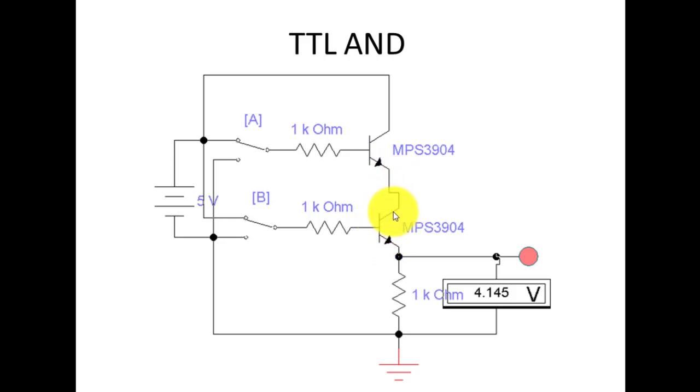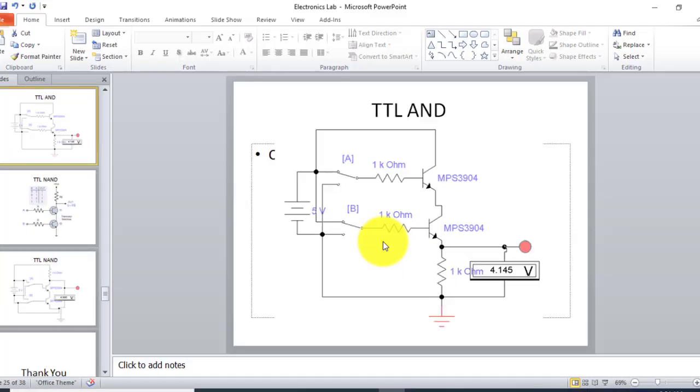Okay, so finally we shall measure the voltage on the resistance connected at the emitter of the second transistor. So let's construct this circuit in the electronic workbench. It's important to mention here, in this case we shall use 5 volt with 1 kilo ohm base resistances. Okay, so let's proceed with the construction of the circuit in the electronic workbench.